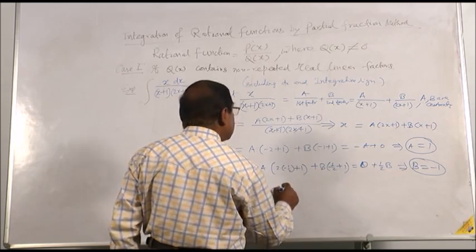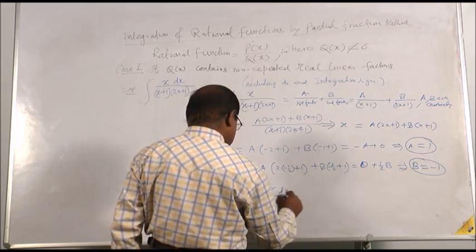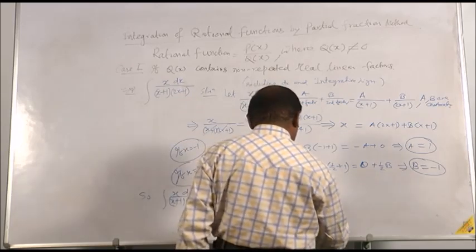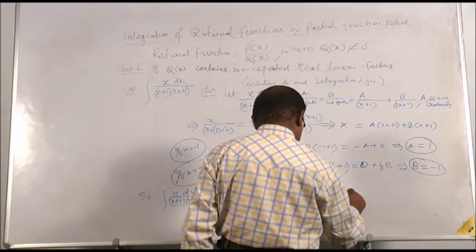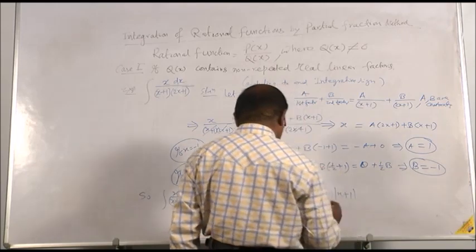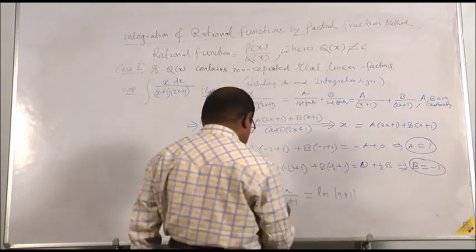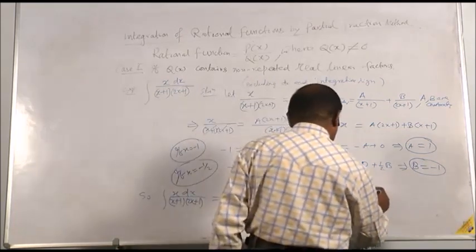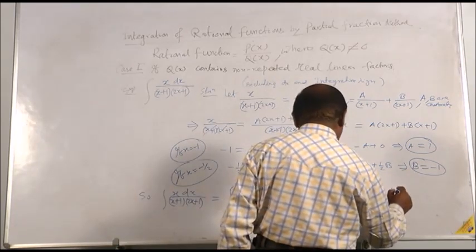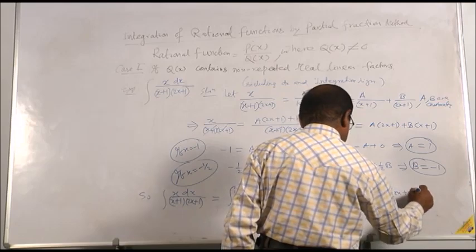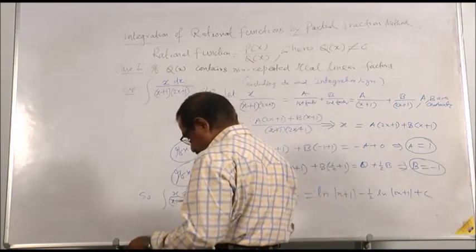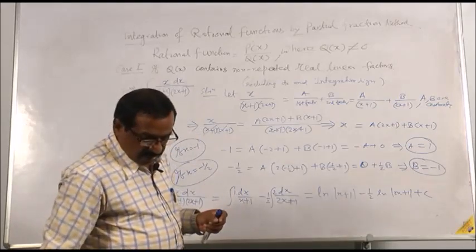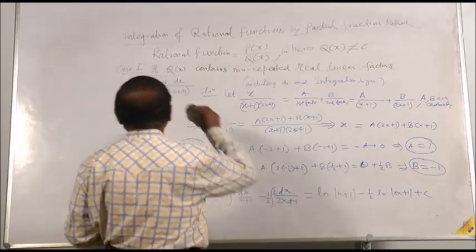So this becomes ln|x plus 1|, and here we can adjust by multiplying by 2 and dividing, so this will be minus half ln|2x plus 1| plus C. Now this is case 1. Now let us discuss case 2.